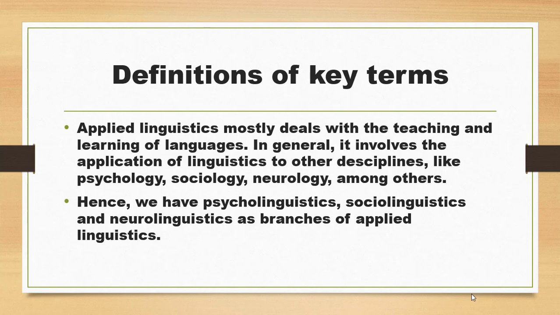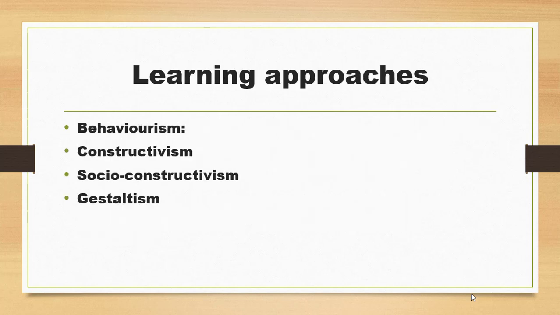All right, so let's start with learning approaches within this British tradition. We have many learning approaches, among which is behaviorism, that is, learning is based on a stimulus, response, reinforcement chain. That is, we keep repeating many times till we master that skill or that structure.